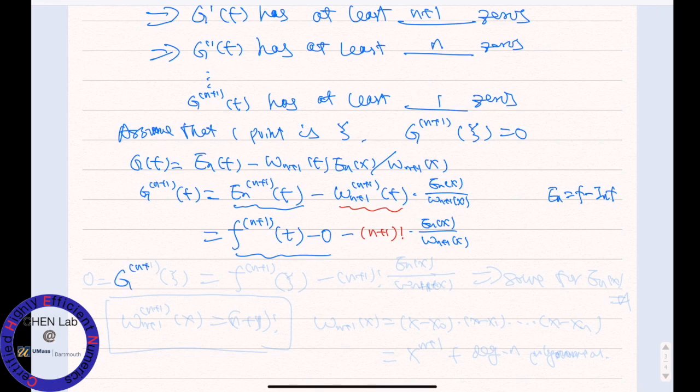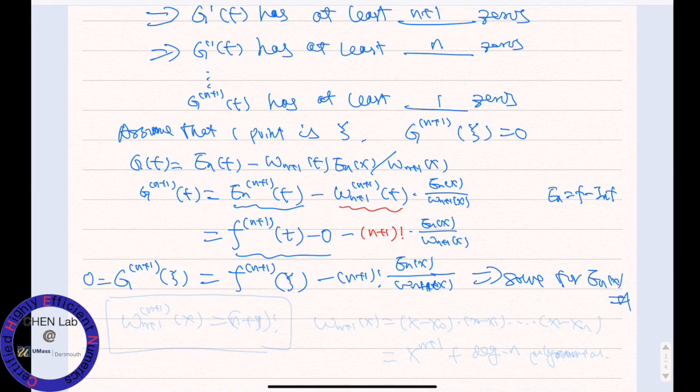So if we do what we did above, at c, we know it's 0. But we now concluded it is f's n plus 1 derivative at c, now t is c, right? Minus n plus 1 factorial e_n(x) over omega_{n+1}(x). That's exactly what we need to prove. Solve for e_n(x), then we're done.